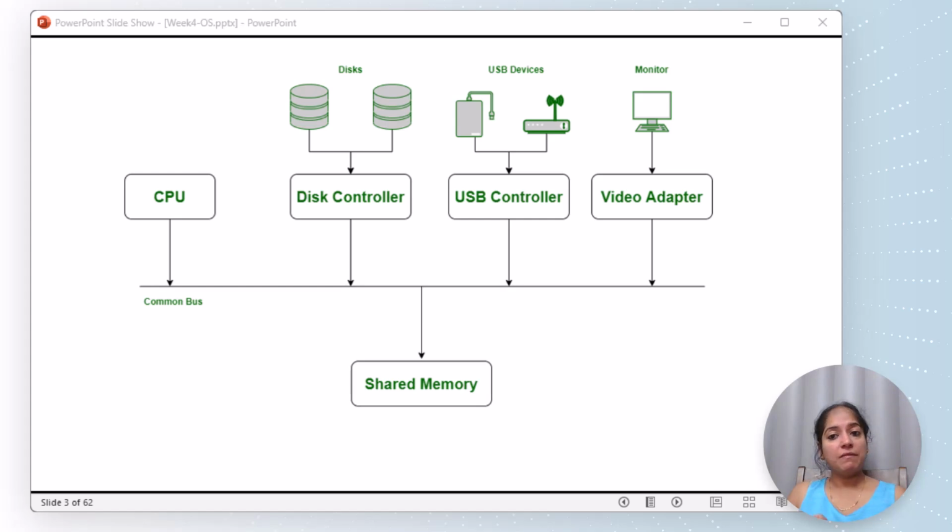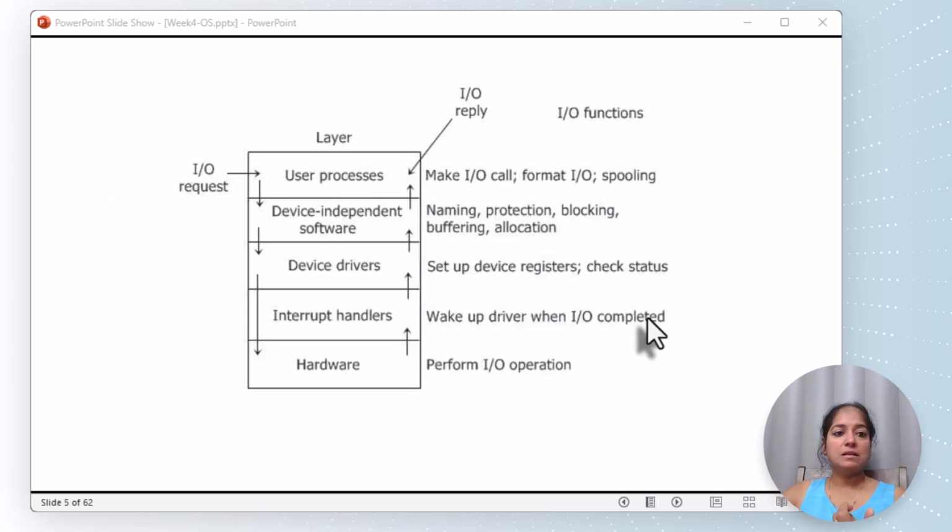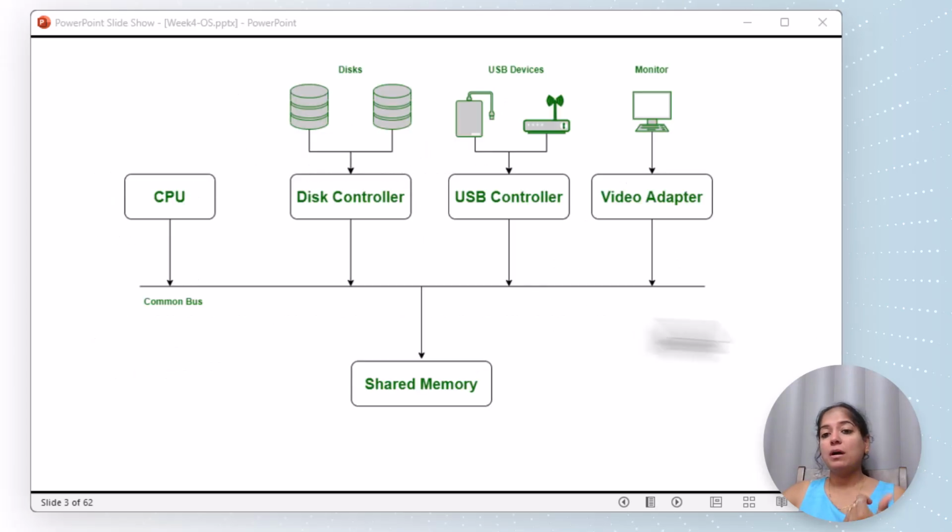Then we have device drivers, which are specialized software modules that translate operating system level commands into device specific instructions.